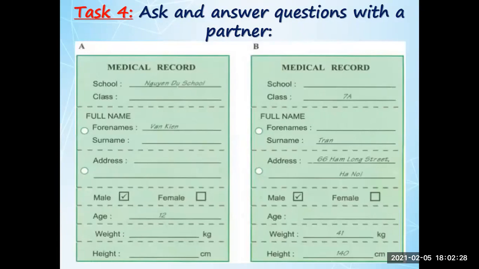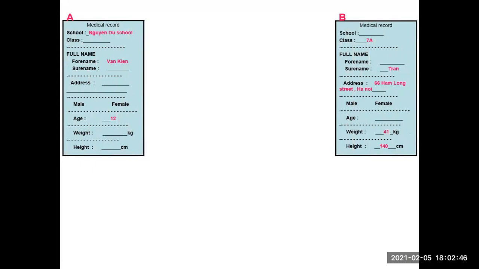Now, look at medical record A and medical record B. Now, practice.